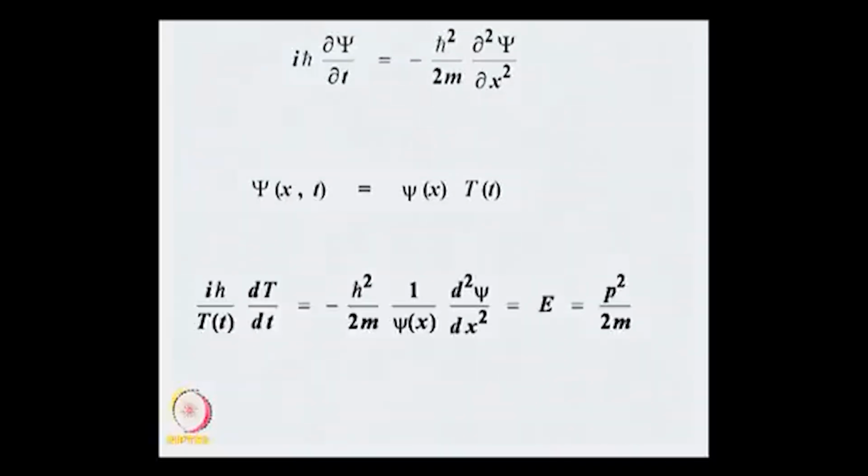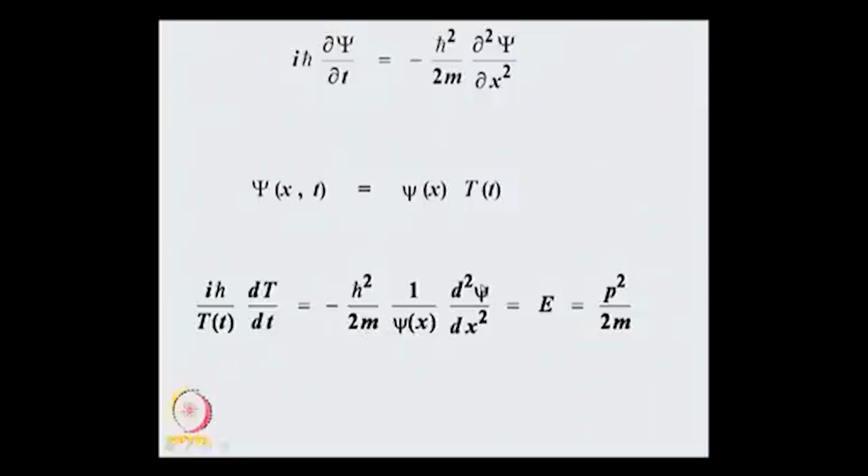If I use the method and substitute this solution in this equation, and divide by capital psi of x t, then I will get i h cross (1/T) dT/dt equals minus h cross square by 2 m (1/psi of x) d2 psi/dx2.